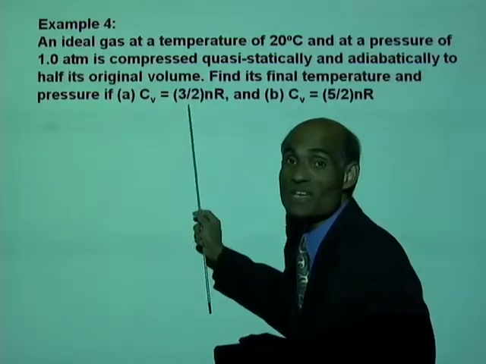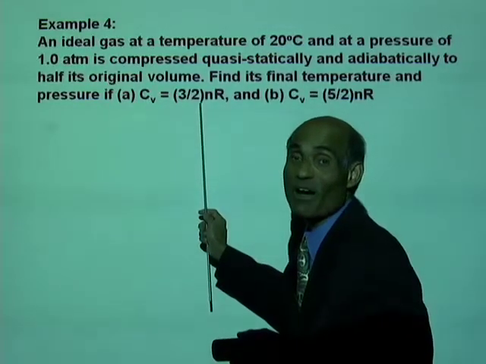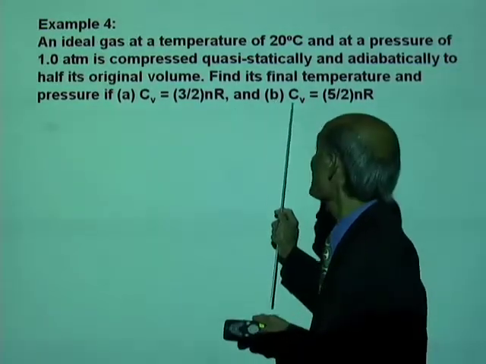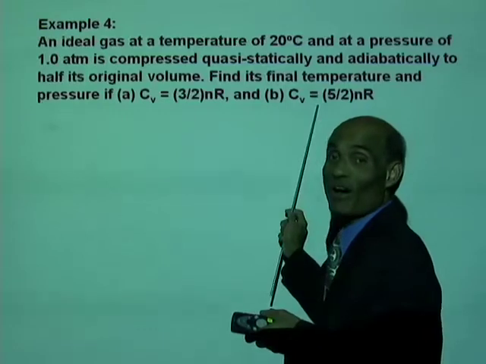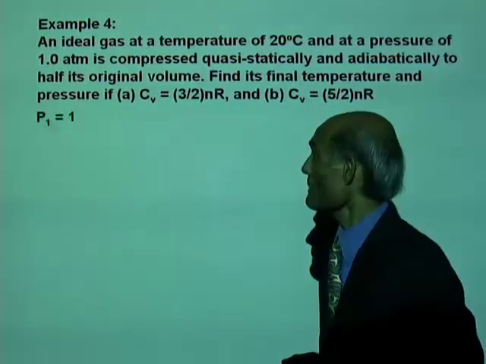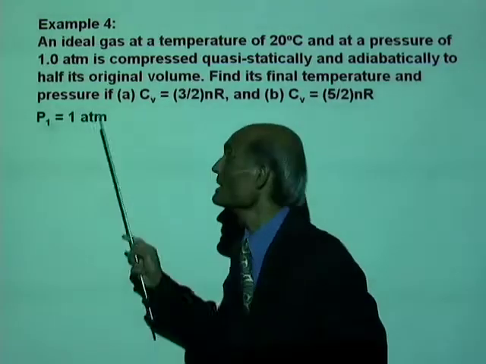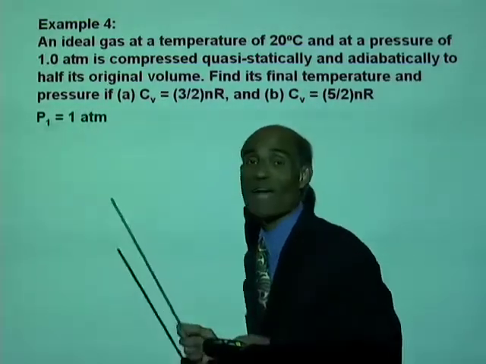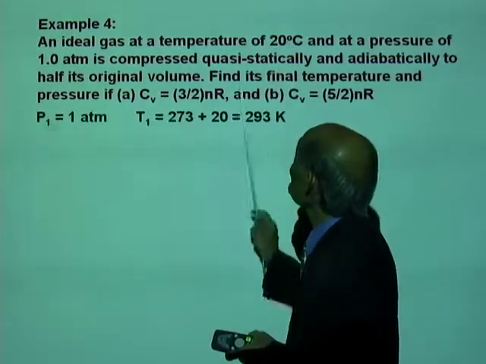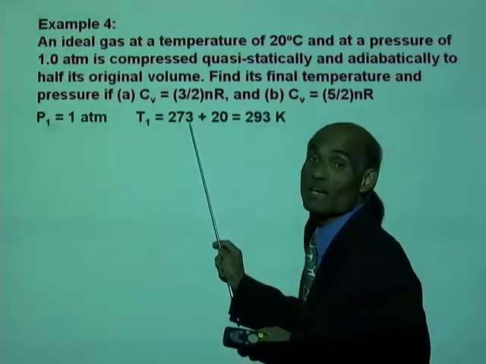If CV equal to 3 over 2 nR, that is a monoatomic gas, and CV equal to 5 over 2 nR, that is for a diatomic gas. Alright, let's pick out data. P1 is 1 atmosphere. T1 is 20 degrees Celsius, always converted to Kelvin.